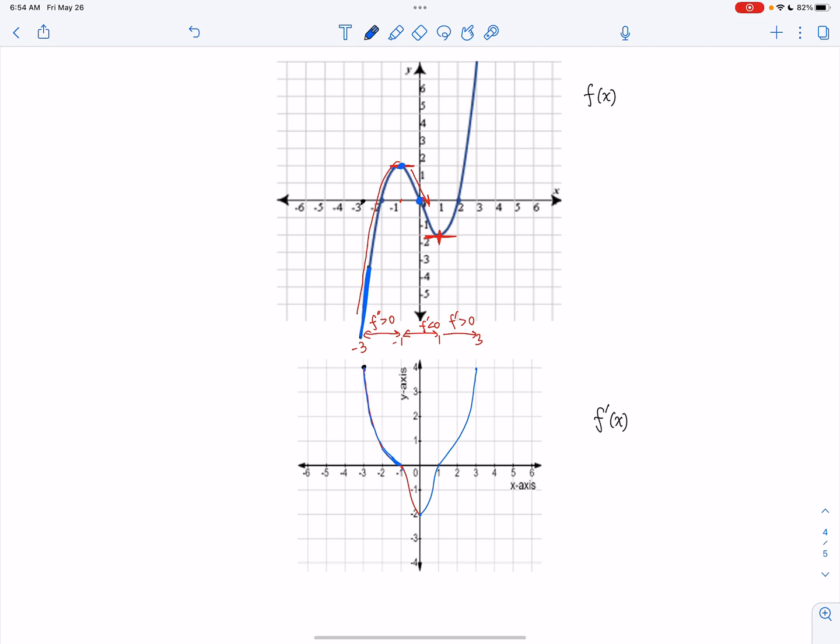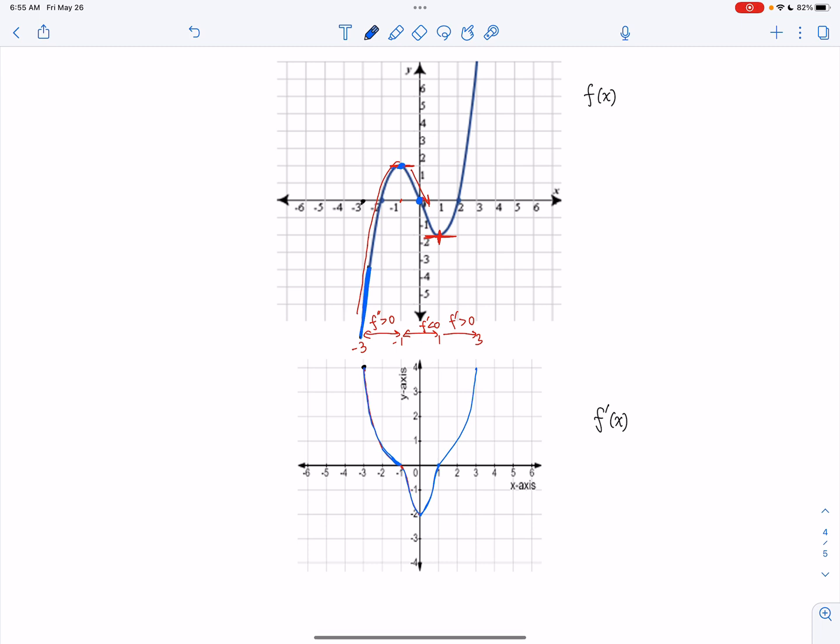So it's negative, but this derivative is most negative at 0. So that's why it's the lowest point here, and then it will increase, even though it's still negative, right? It's increasing because this decreasing trend is becoming slower and slower.